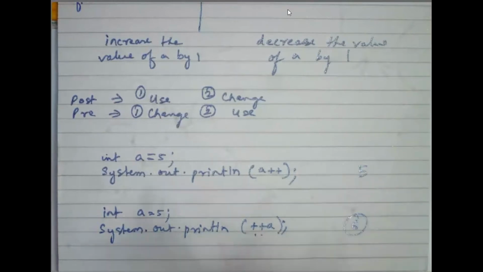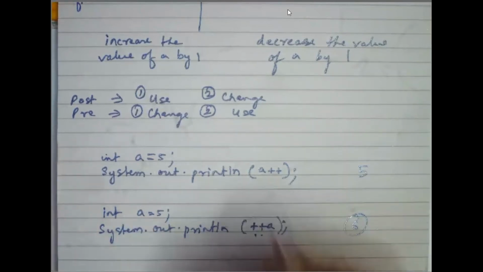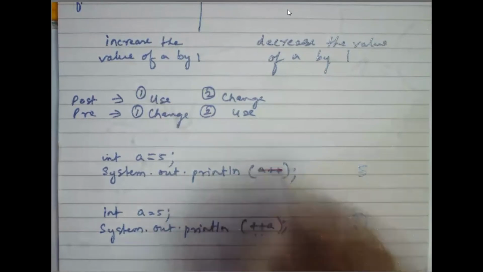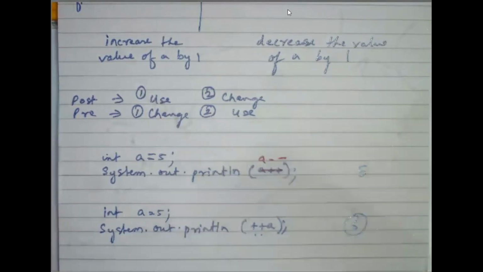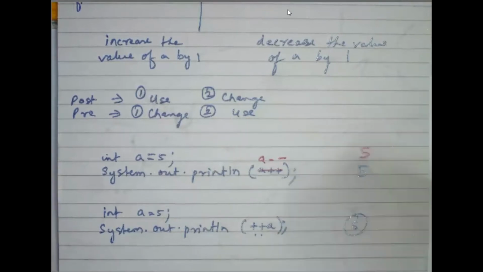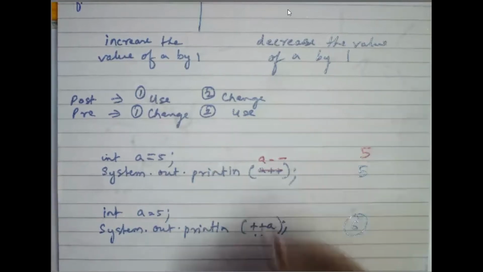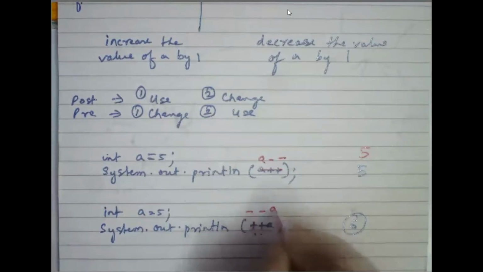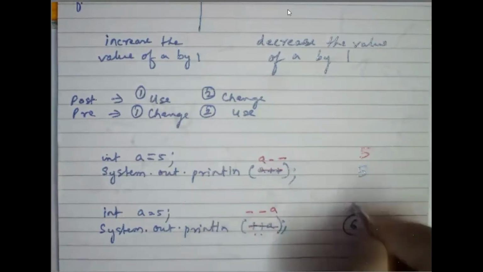So you can see the difference based on the operator's position. We are getting two different values. Let us take for example, if in this question in place of a++ it had been a--, then what would have been the output? The output will be the same, 5. But if it had been --a, in that case it would be 4.